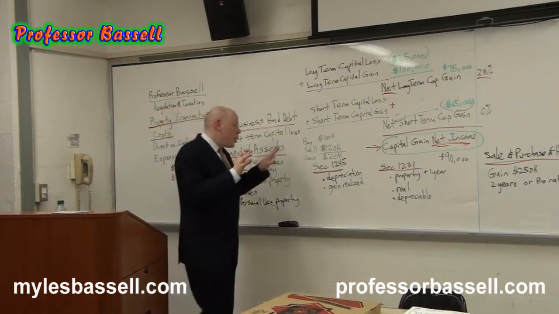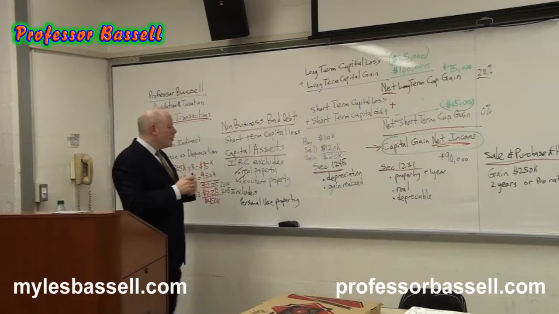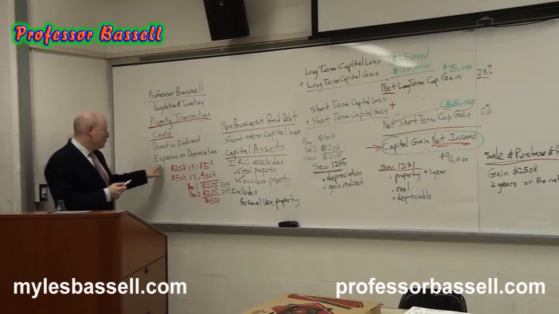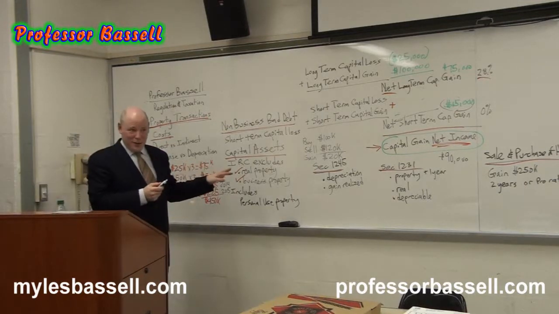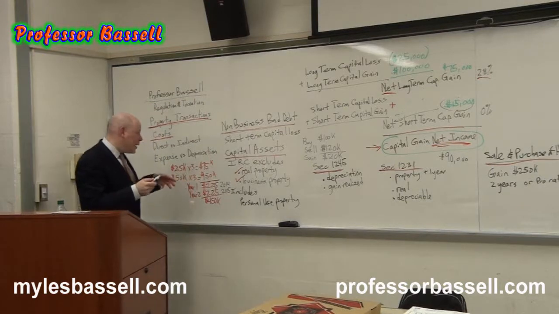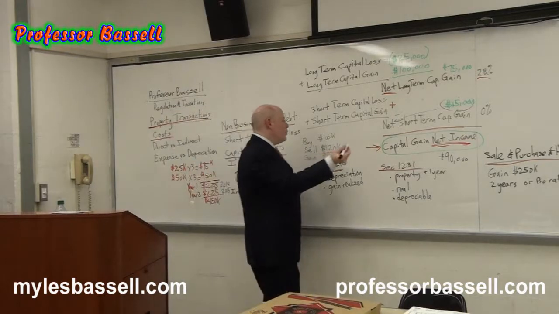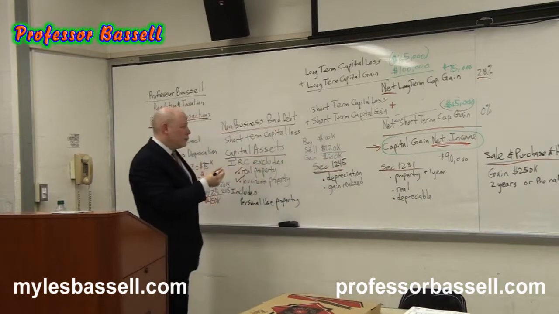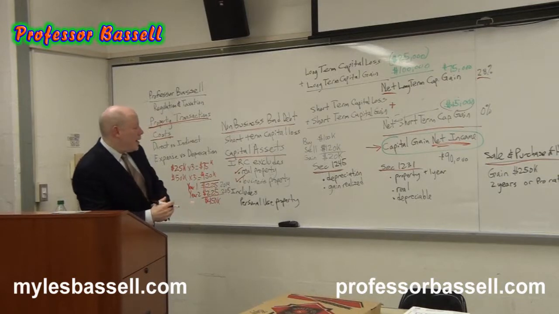But now, this $100,000. What did we do when we purchased that furniture? We depreciated it. We didn't take it as an expense. Let's say that we depreciated the furniture using straight line depreciation.